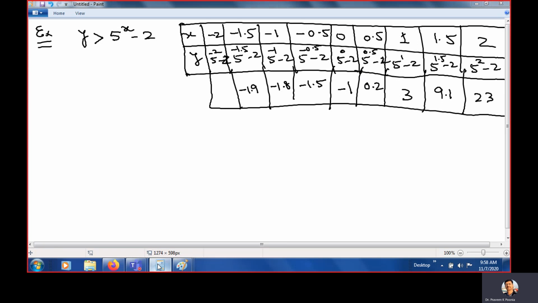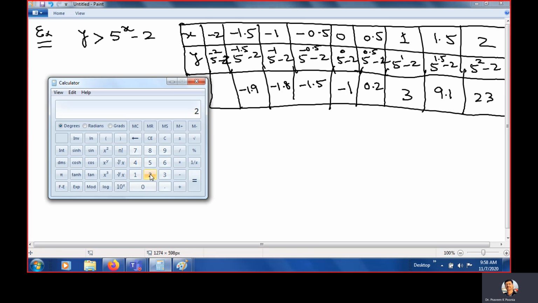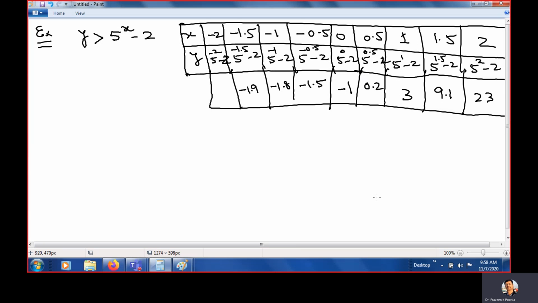Clear? And the last value is 5 power minus 2, minus 2. It is minus 1.96.